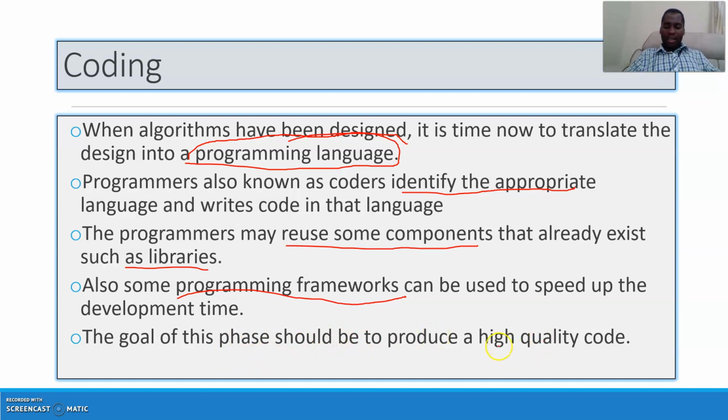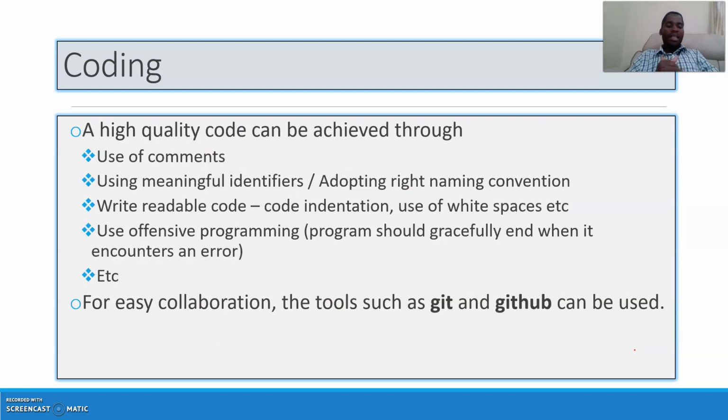At the end, we are trying to come up with what we call quality code. And high quality code can be achieved through the use of comments. So when you are writing your program, you have to make sure that you include some comments. We are going to see how this is done in C++. And you also have to use meaningful identifiers.